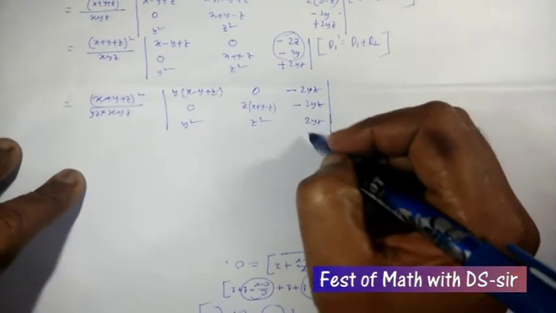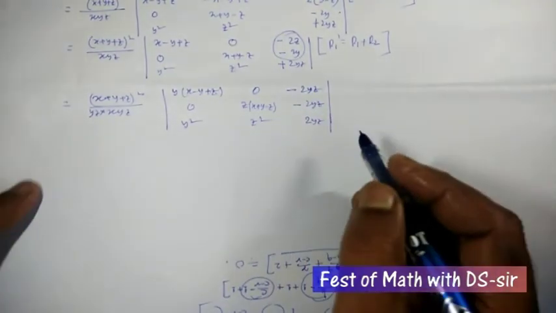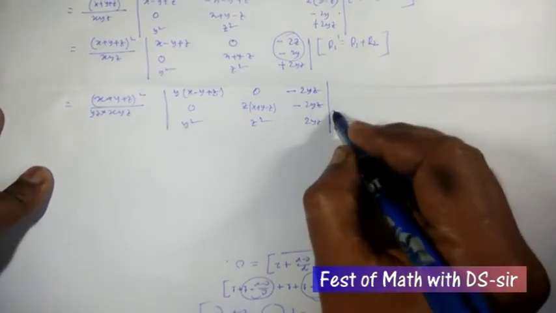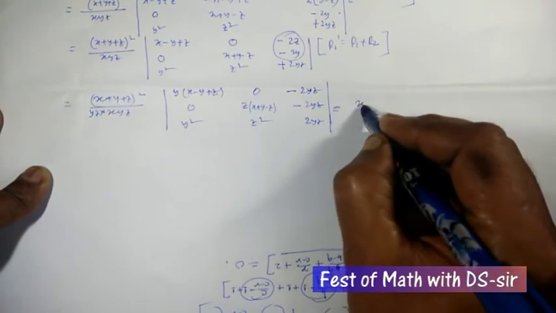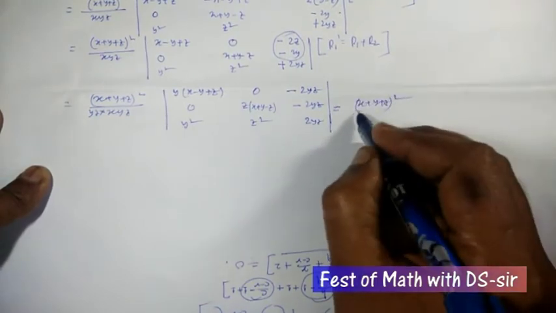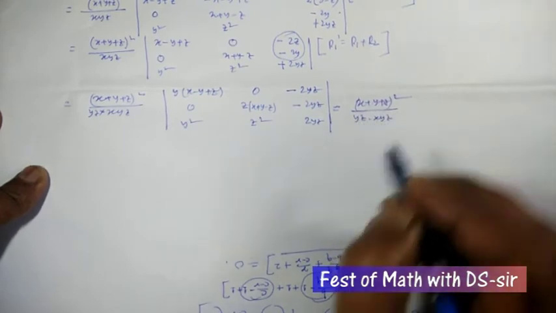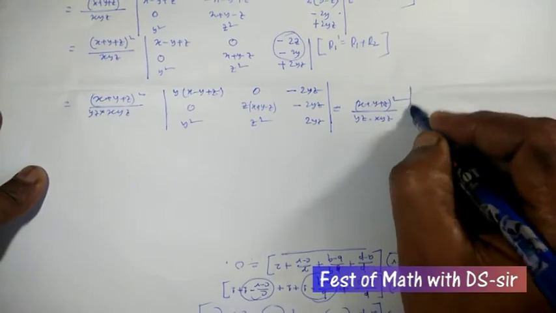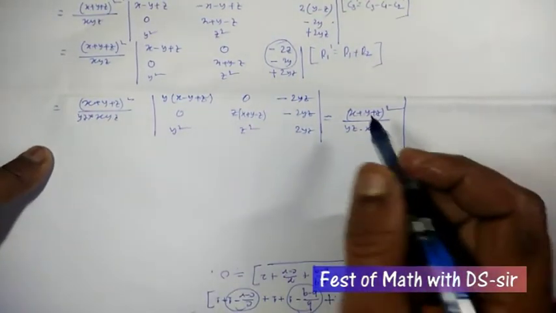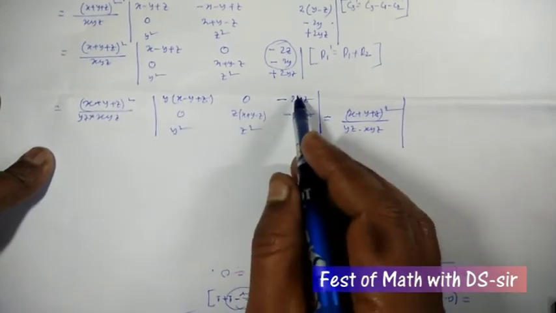Now see, all elements are the same, only the sign differs. So in this step, I will apply y plus z whole square by yz into xyz into. Now I add the third row with the first row, then this becomes 0.